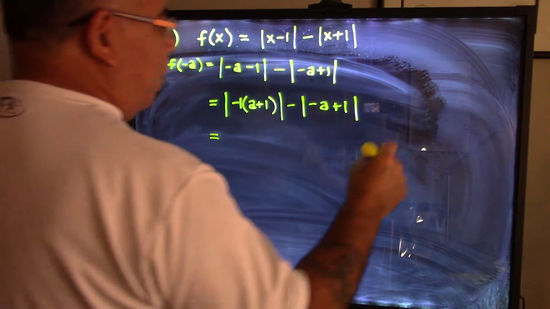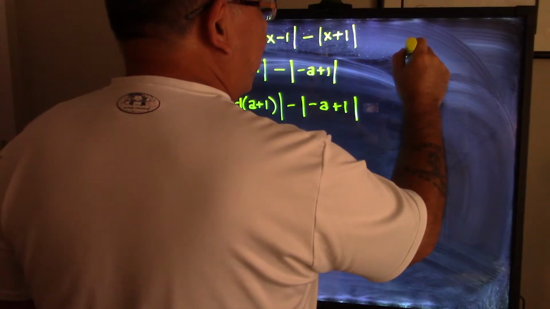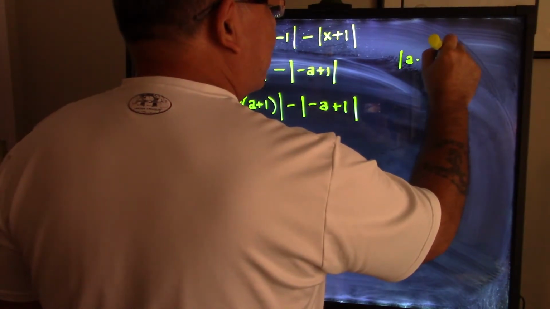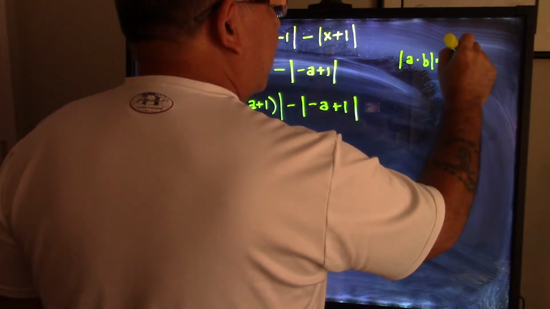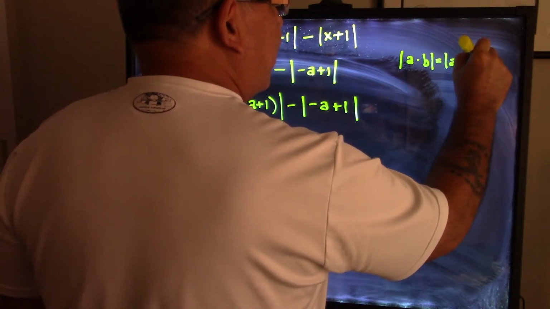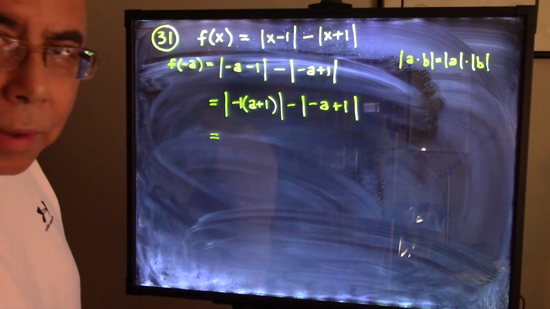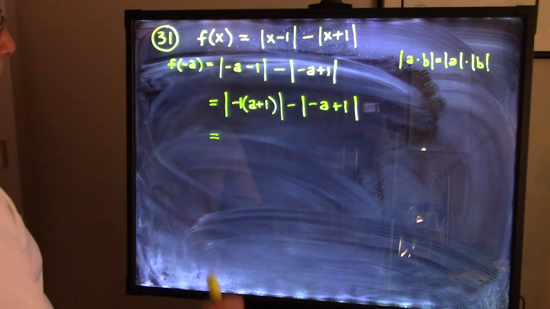If you have absolute value of a times b, you can write that as absolute value of a times absolute value of b. All right, that's a rule that you can use. So I'm going to do that here.